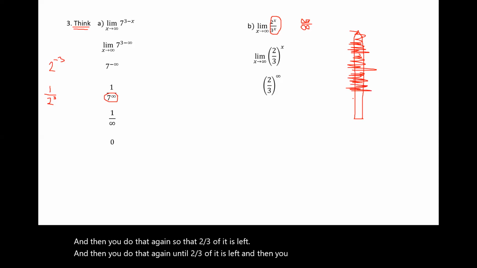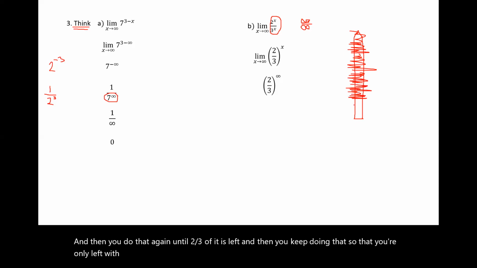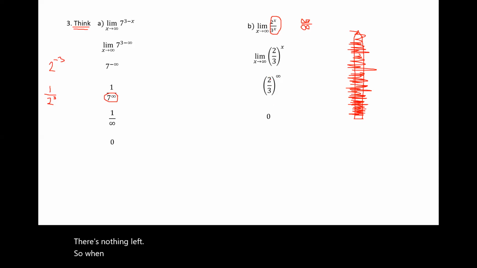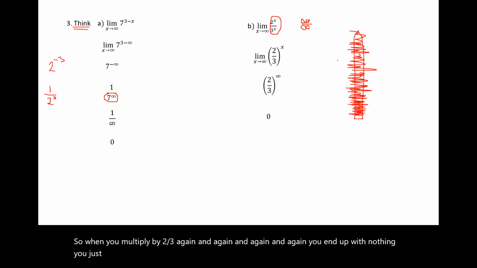That's what happens when you multiply by 2/3 again and again. And eventually, what happens to your pencil? There's nothing left. When you multiply by 2/3 again and again, you end up with nothing. You just get a value that's smaller and smaller.